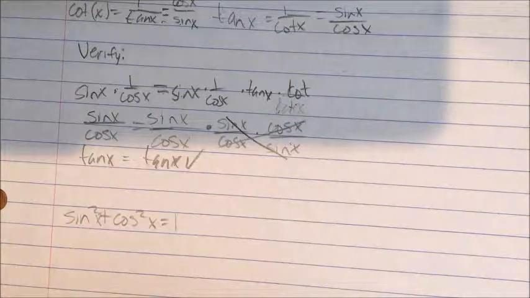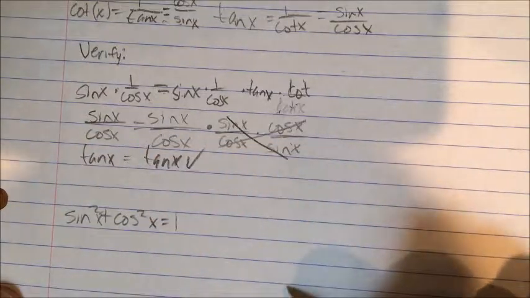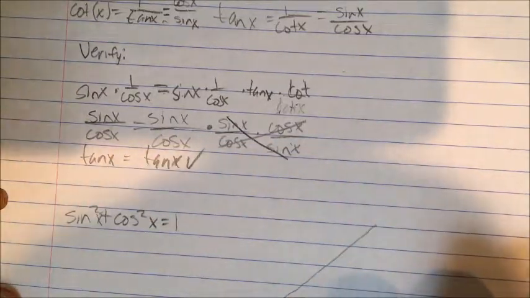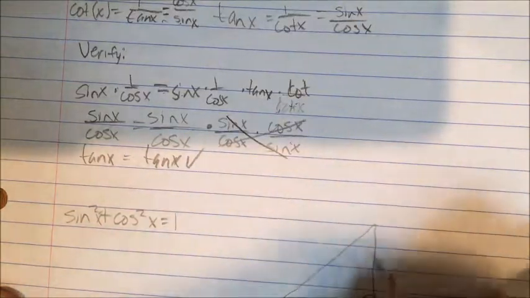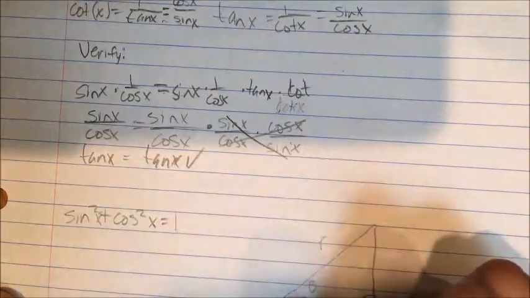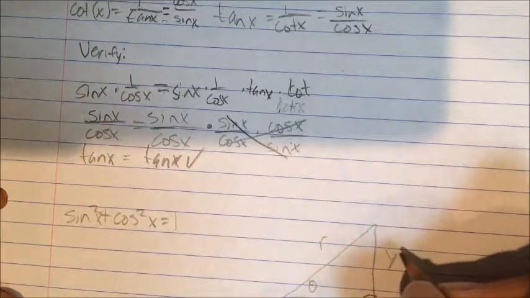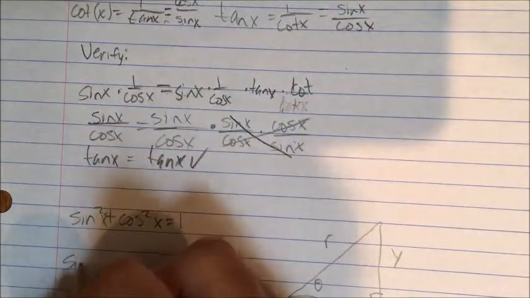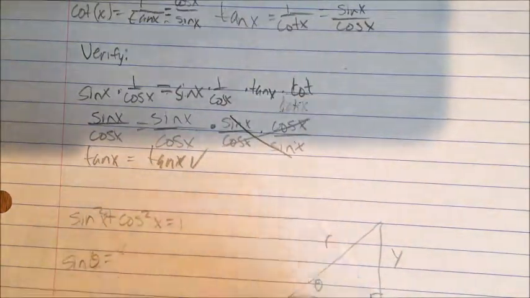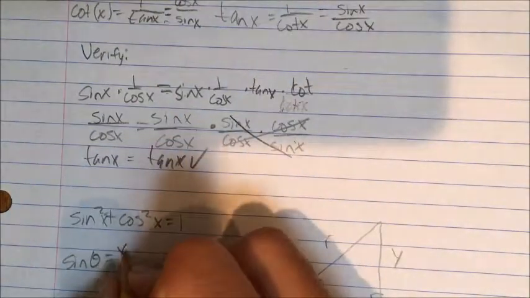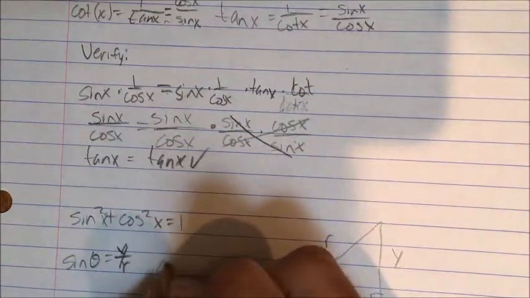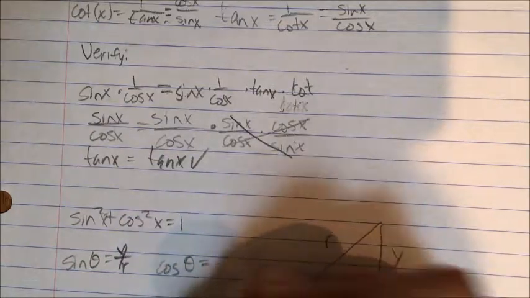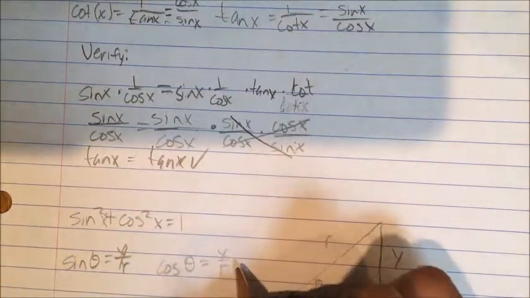And so the way you can get this identity, we can prove it actually, is if you have a right triangle, this is r, theta, x, y, and so because of what we learned in the SOHCAHTOA chapter by the definition of sine and cosine, sine theta equals y over r, and cosine theta equals x over r.